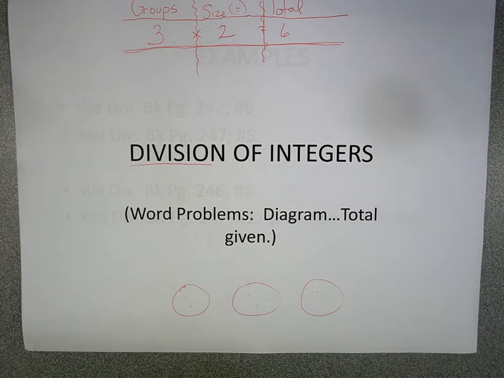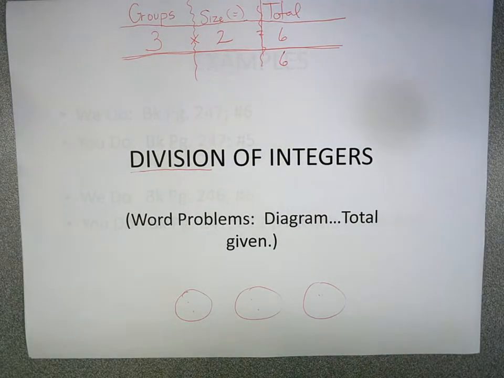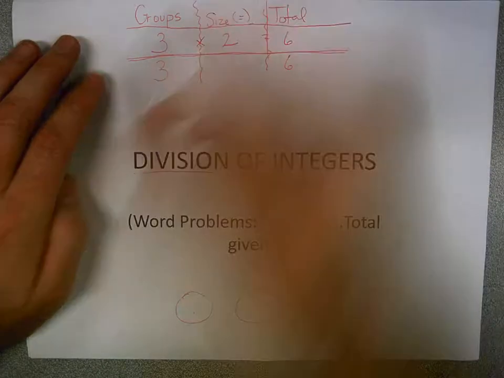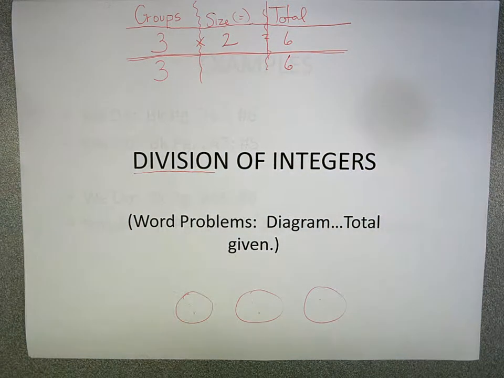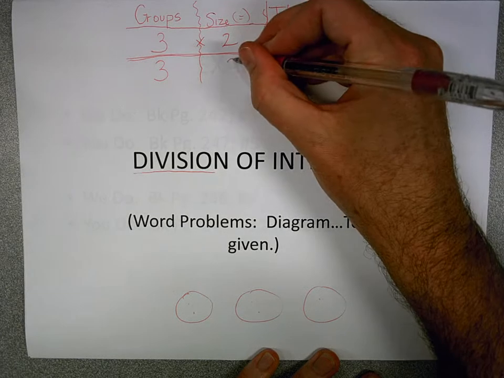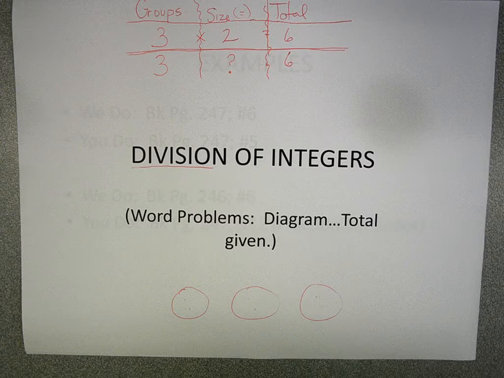So here's what I would say. Okay, guys, let's go ahead and please go over to the bucket and grab 6 marbles. Then go and grab 3 hula hoops. Please tell me how many marbles will go in each hula hoop to give them an equal amount in each hula hoop.